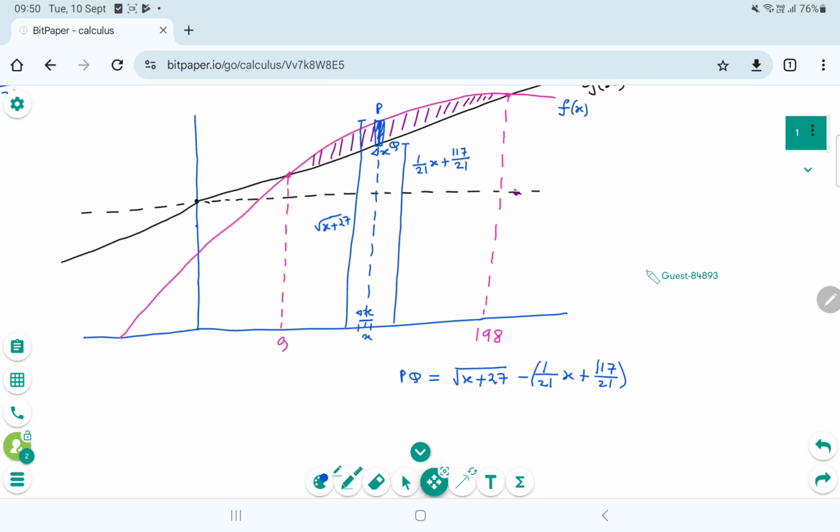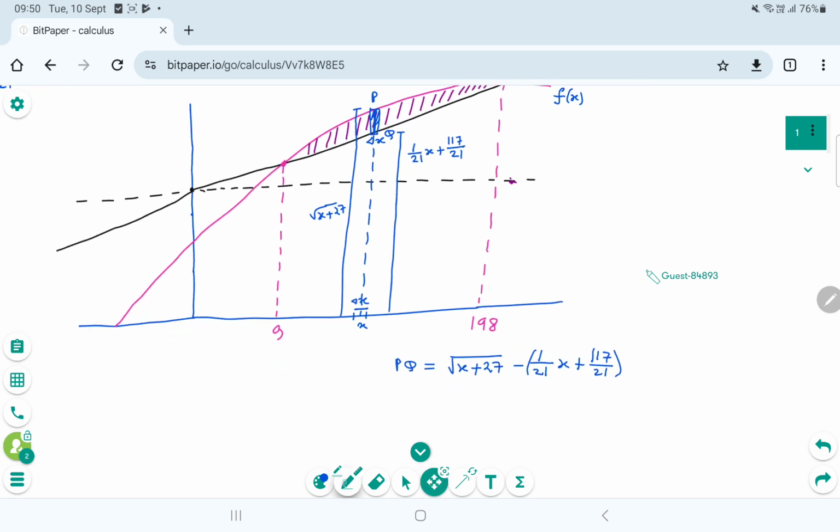Now what is the area of that small rectangle? Actually, finally we will do integration, but I'm writing it like this. The small rectangle is given by the width and the height.